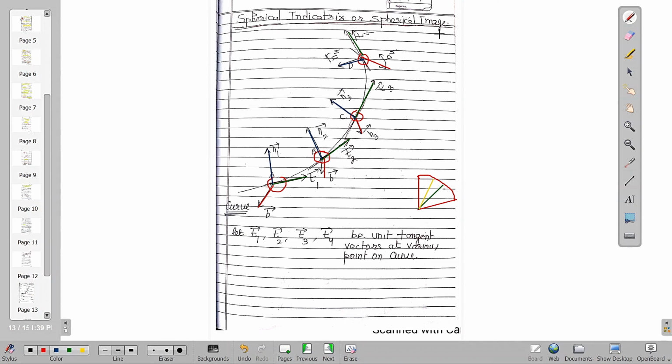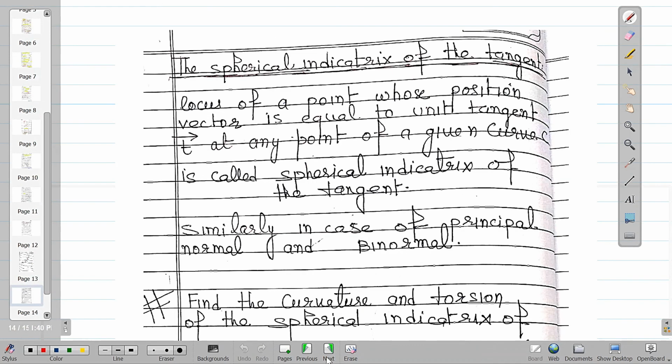If we replace the tangent by the binormal, then in that case it is called the spherical image of the binormal. So we have three kinds of spherical image. One in case of the unit tangent, second in case of the binormal, and third in case of the principal normal. Clear? So all the definitions of these are almost on the same line of action.